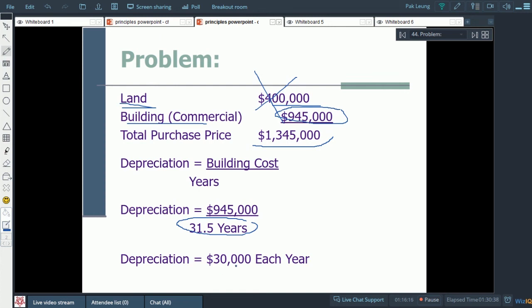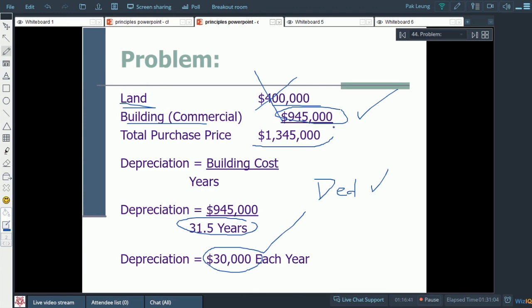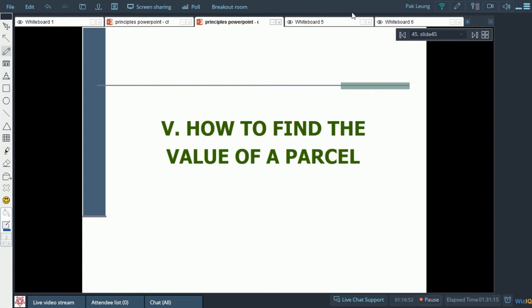Depreciation, how do you calculate? Only the building is depreciated. Land, you don't depreciate land. 地皮你不可以涨旧，只有这个房楼。So the time is 31.5 years. 31.5年给你去涨旧。So each year you have $30,000 of deduction. 每一年你可以抵3万块的税。This is how you calculate the depreciation.